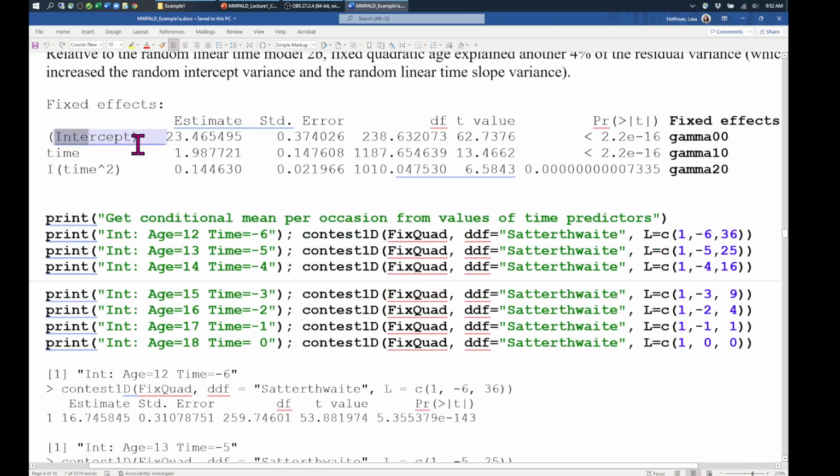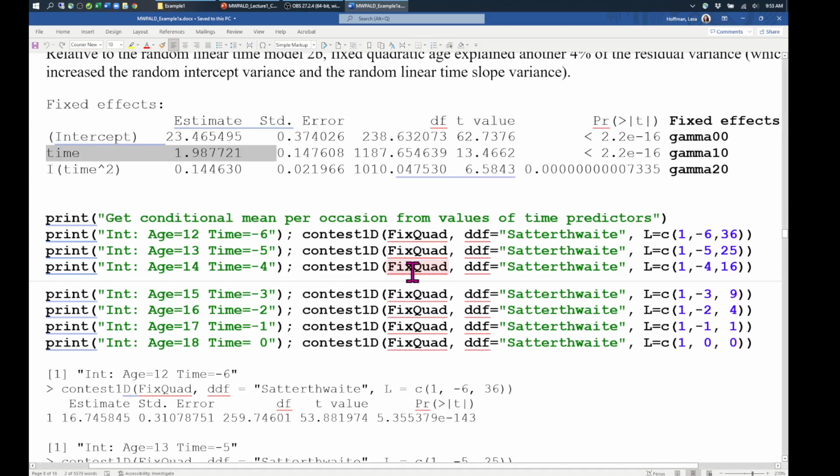So if I were to interpret the fixed effects then, 23 is what? My fixed intercept is 23 and some change. Yep, that's the model predicted average risky behavior at 18. So it's based on where the trajectory is, not exactly at age 18, but where the line ends. Yep. And this slope is about 2.